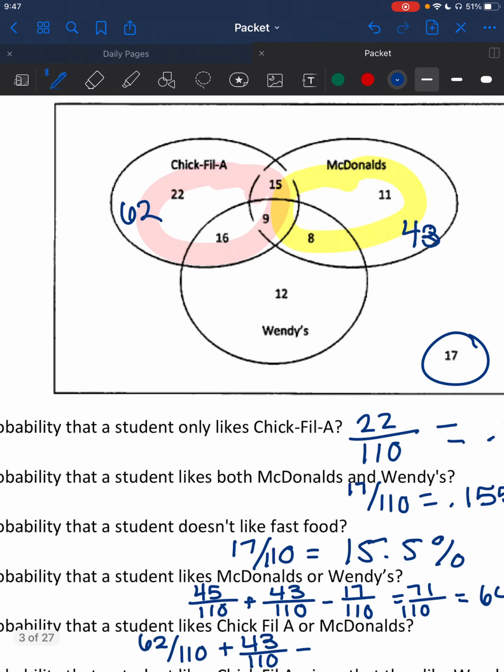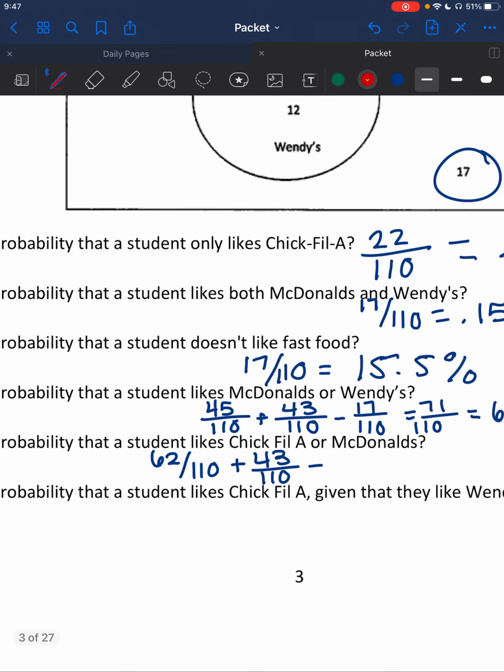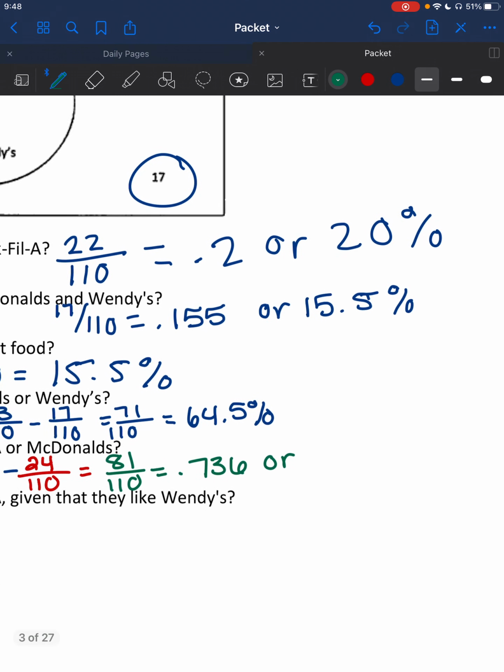And then now we have to subtract off who like both. So that would be 24. And that gives us 81 out of 110, which is 73.6%.